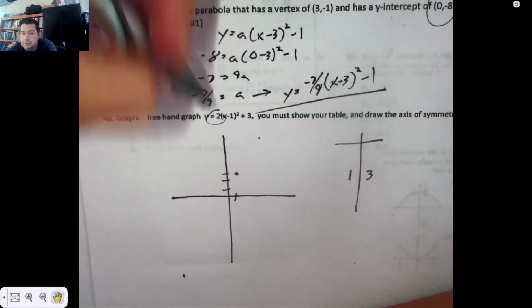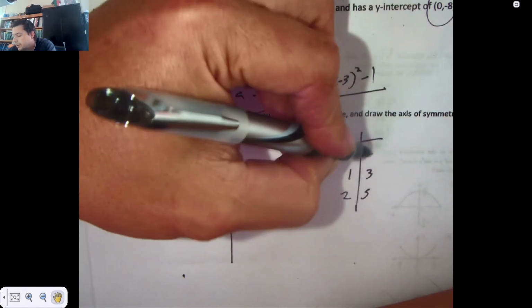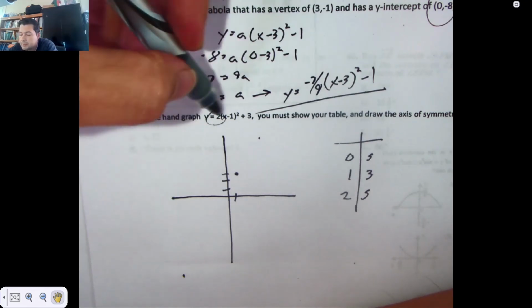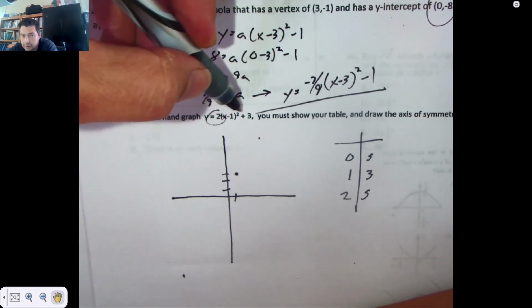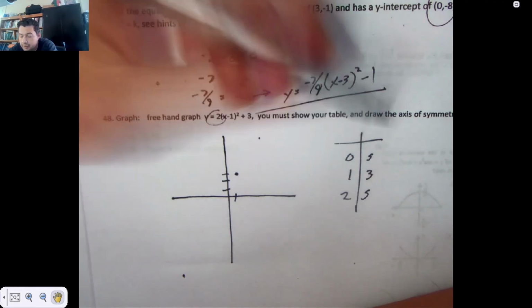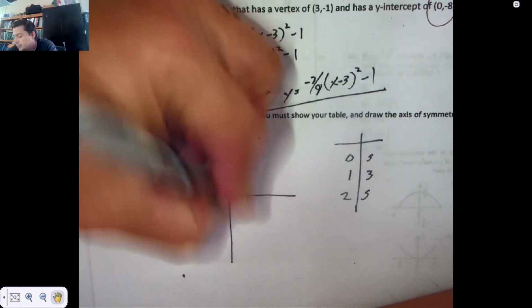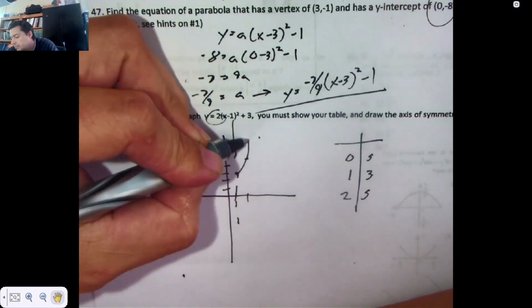I'm just going to use initial slope. May as well. I add 2. If I subtract 1, I'd be at 0, and I still have to add 2. And trust me, that works. If you plug a 0 in here, this becomes 1 when you square it. 2 times 1 is 2, add 3, 5. So 0, 5, 2, 5. Axis of symmetry, smack down the middle. There's my little parabola.